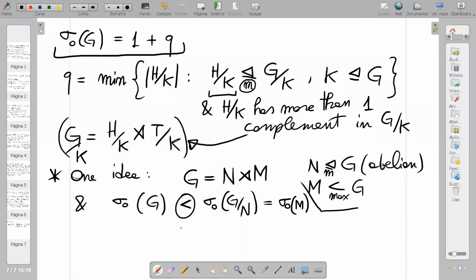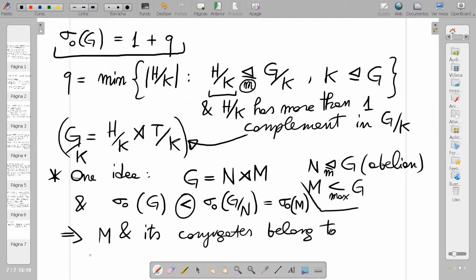In this case, there is a very nice argument which says that M and its conjugates belong to every primary covering of G, and the proof is interesting.